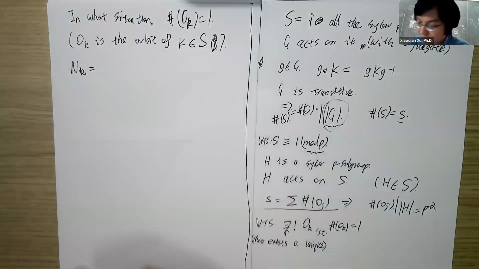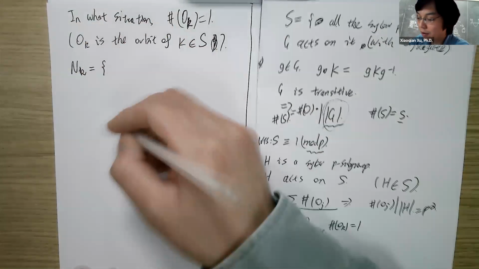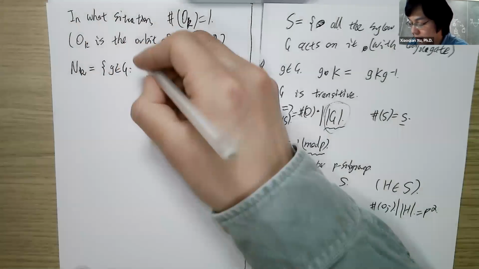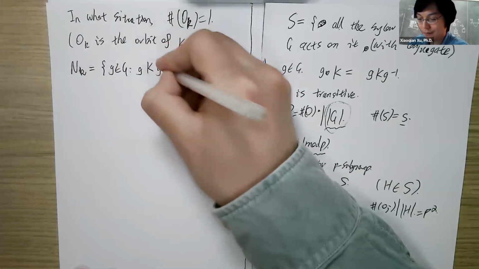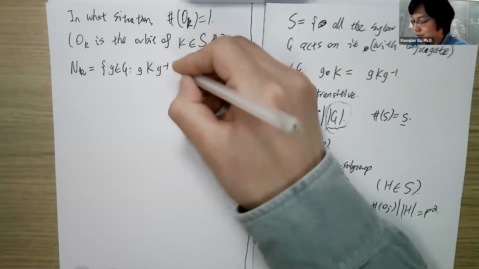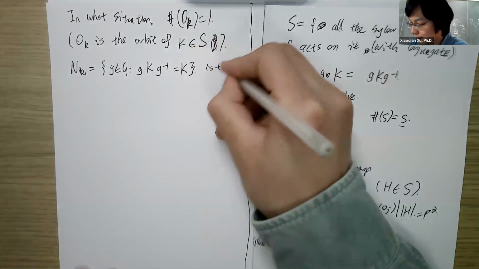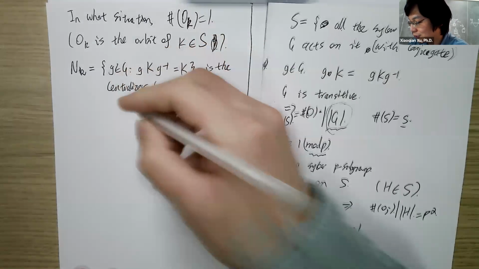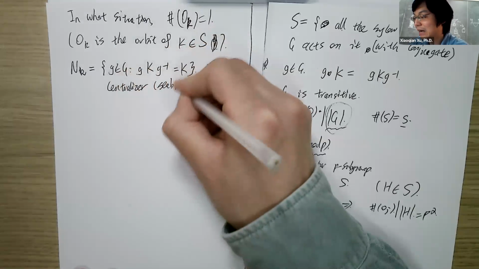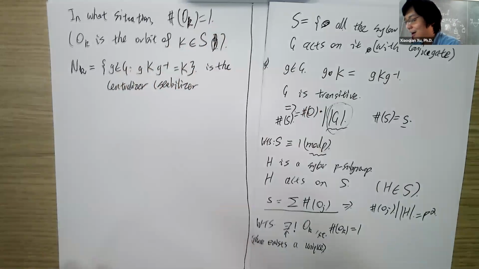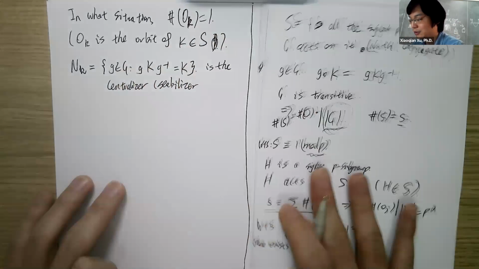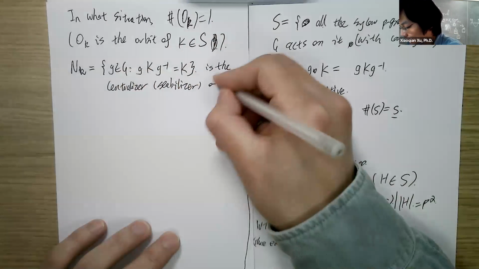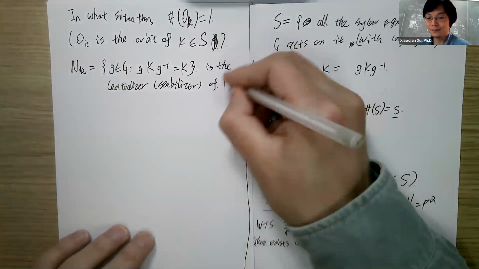Which is the set of g belonging to the whole group G such that gKg inverse equals K. It's a centralizer, or if you want, you can also call it a stabilizer, because after all, it's kind of the kernel of some action of capital K, right?